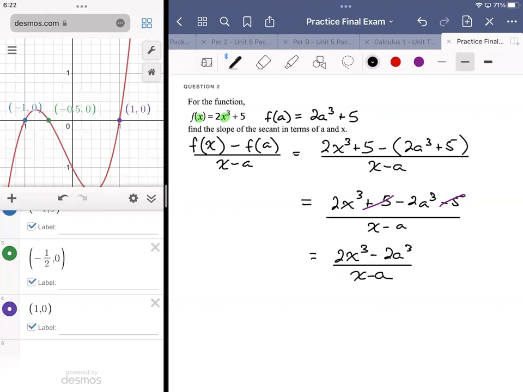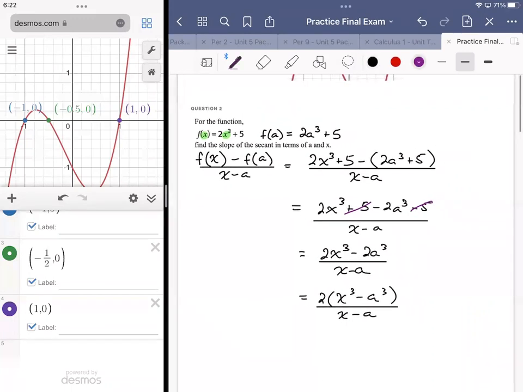The directions here don't say to simplify, but they could, so we might as well go the distance. I have a common factor of 2 that could be pulled out. Now the top is factorable. A factoring rule, difference of 2 cubes.